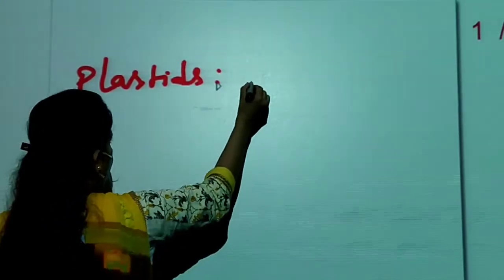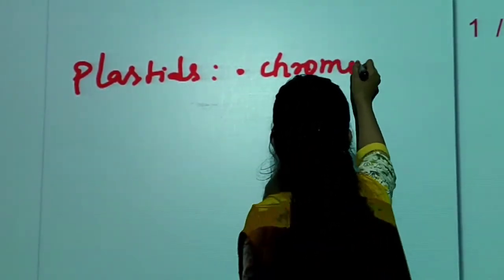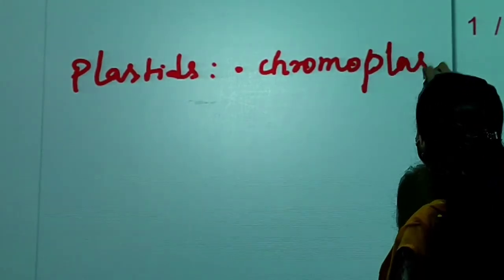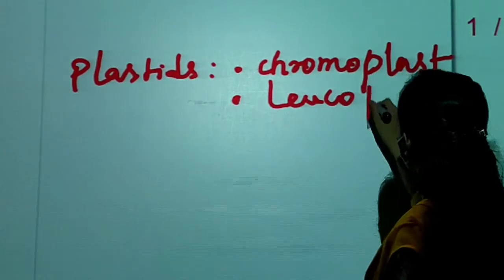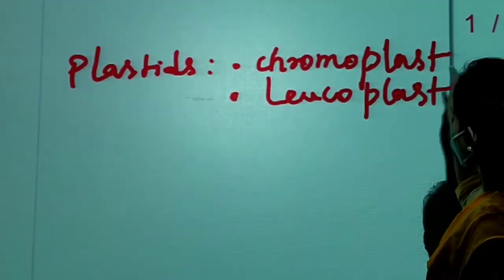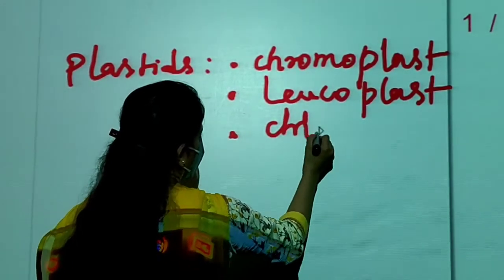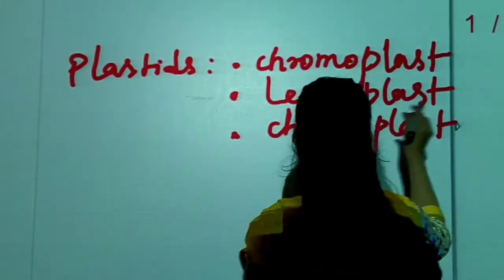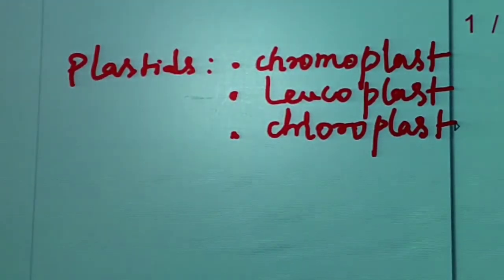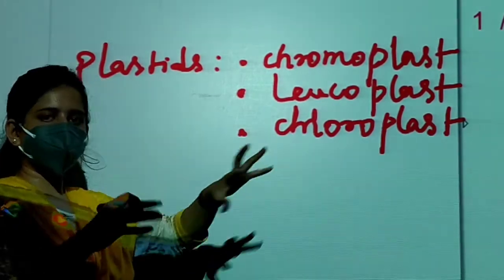These are of three types: chromoplast, leucoplast, and chloroplast. These chromoplast, leucoplast and chloroplast have different roles.